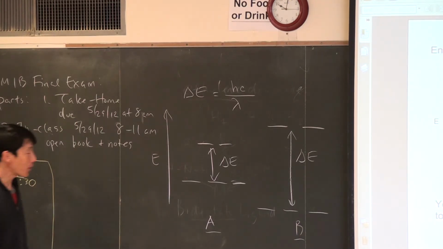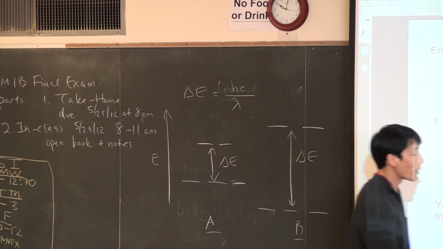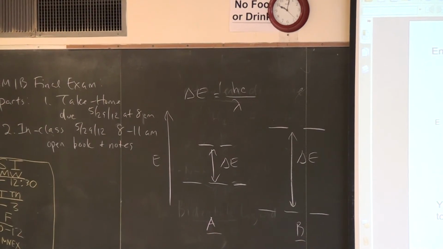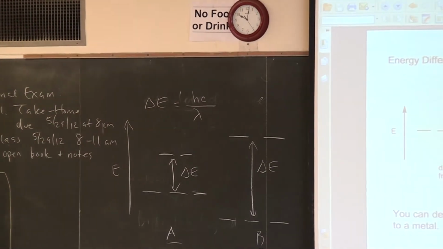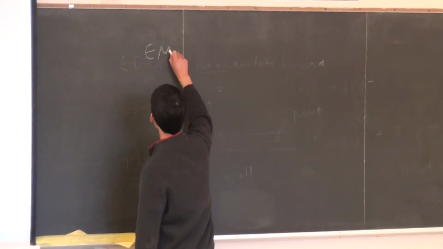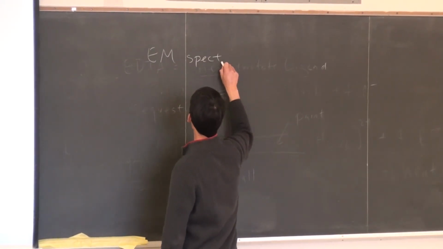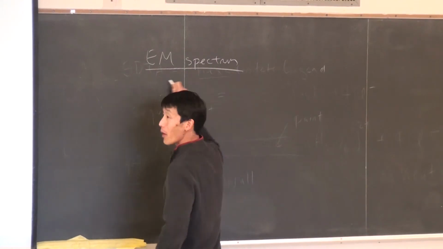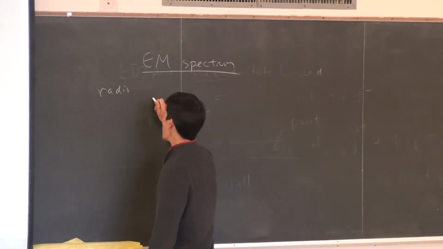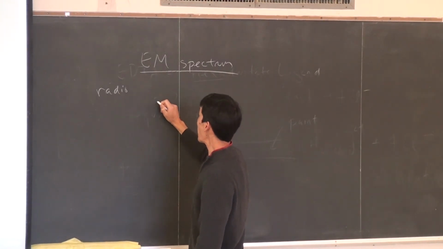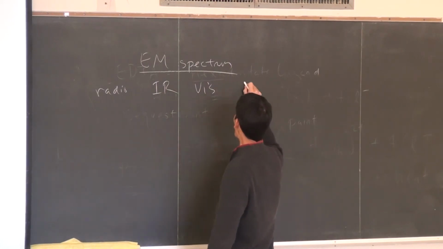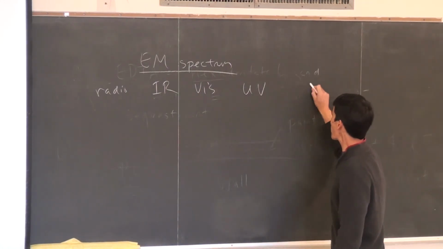Okay, I guess maybe let me give you some more information, because this is from a long, long time ago at Chem 1A. So if we look at the electromagnetic spectrum, for example, if you have radio waves, and infrared, and then visible, and then UV, and then X-rays.